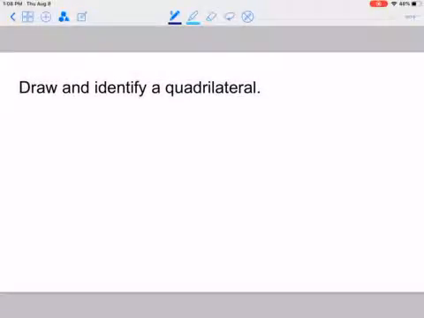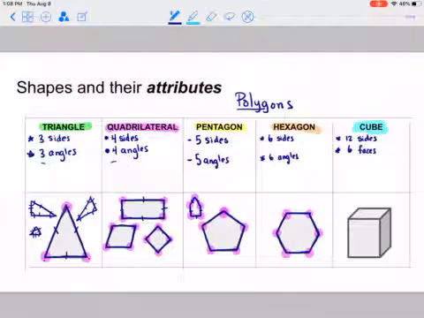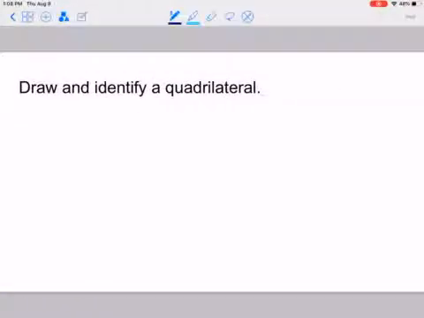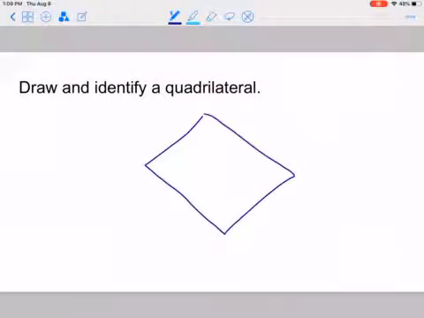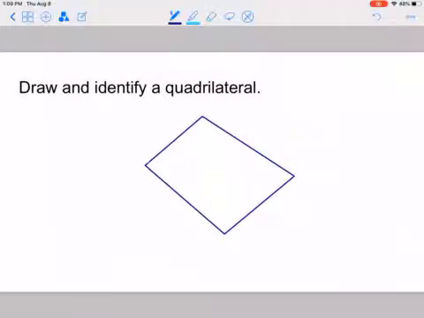Draw and identify a quadrilateral. So we could draw a quadrilateral. We know that a quadrilateral has what? 4 sides and 4 angles. Okay? So 4 sides and 4 angles. And just draw 1, 2, 3, 4. Yep, that would work.